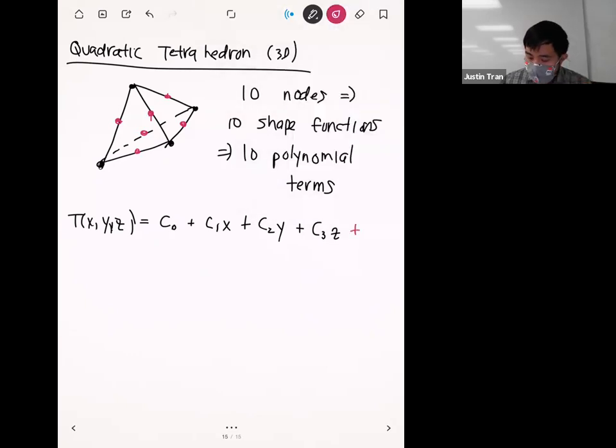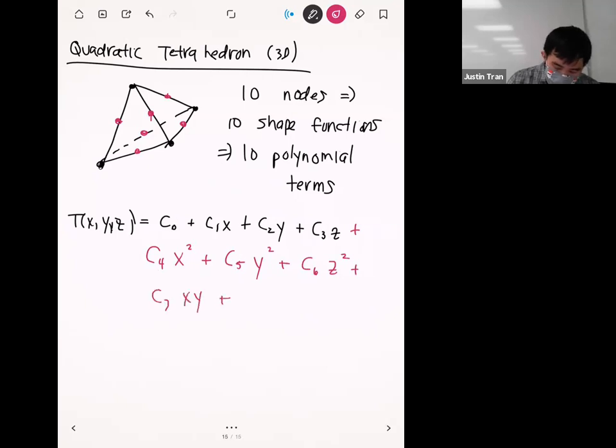Now we have all our quadratic terms: C4x squared plus C5y squared plus C6z squared, plus our mixed terms: C7xy plus C8xz plus C9yz.